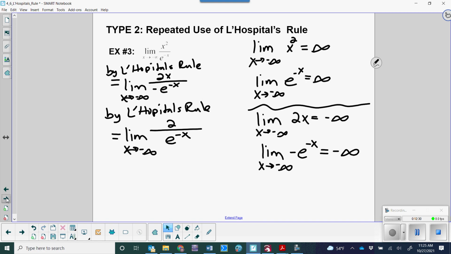So now I just have to think about what I have. So the top is a 2. The bottom is e to the minus infinity. Minus a minus infinity is infinity. So it's e to the infinity. 2 over really big, that's 0. Because when the bottom is really big and the top is smaller or a constant, then that's it.